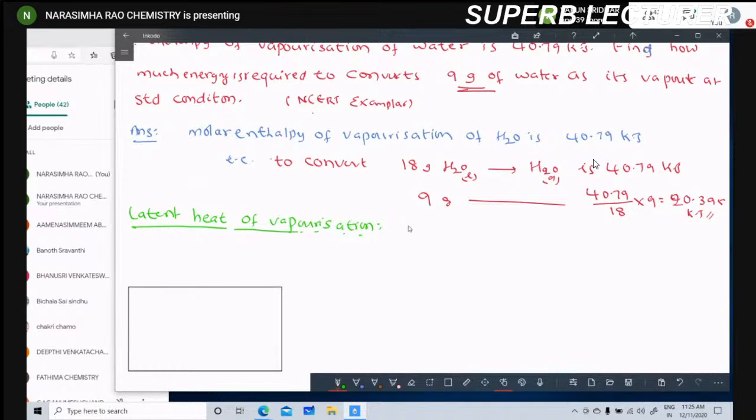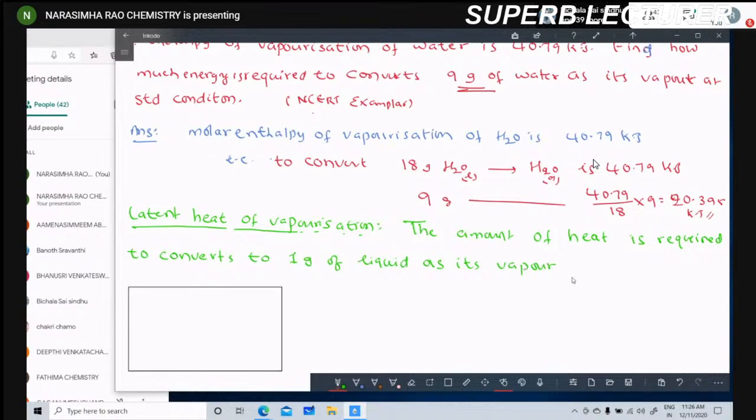The amount of heat required to convert 1 gram of liquid to its vapor is called latent heat of vaporization.